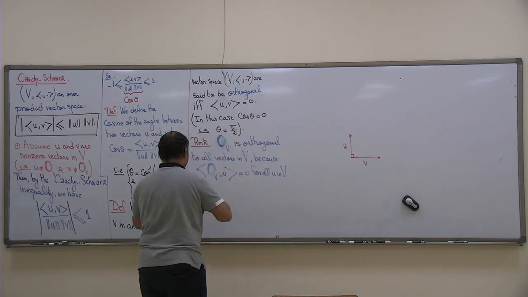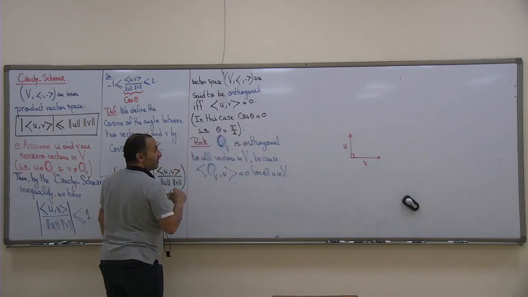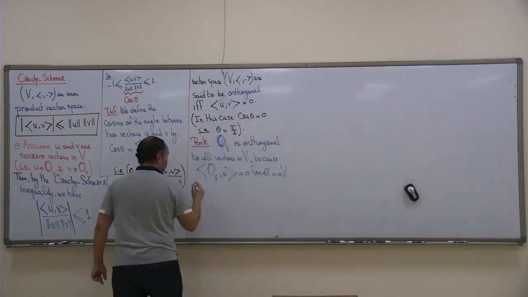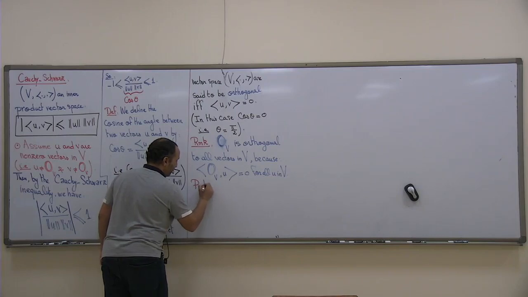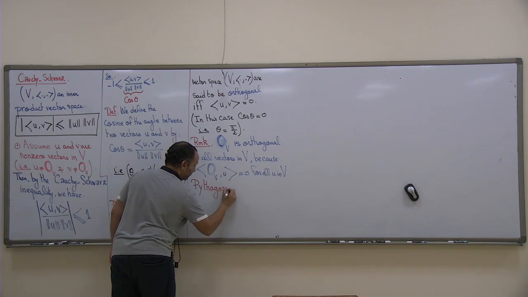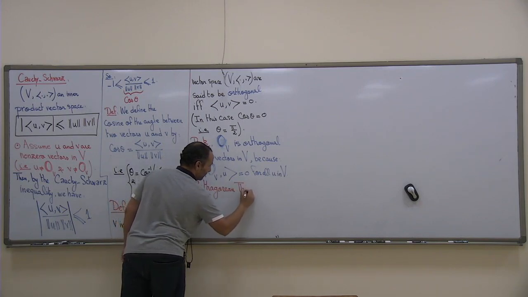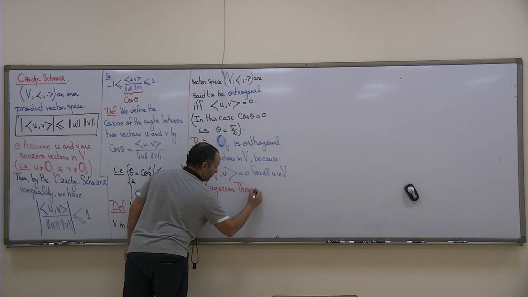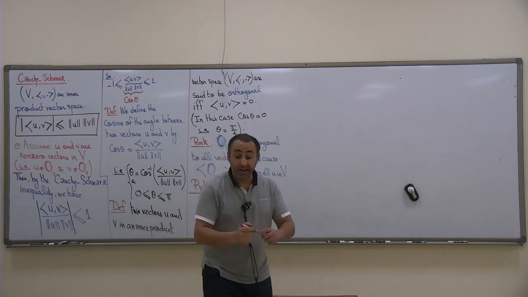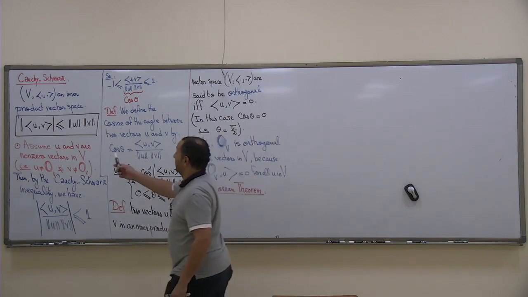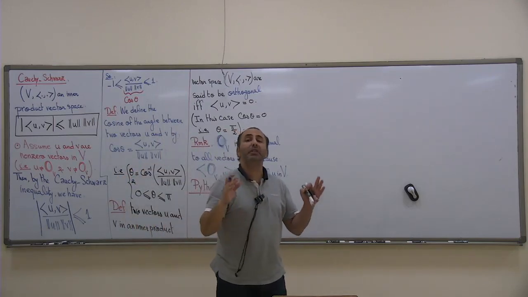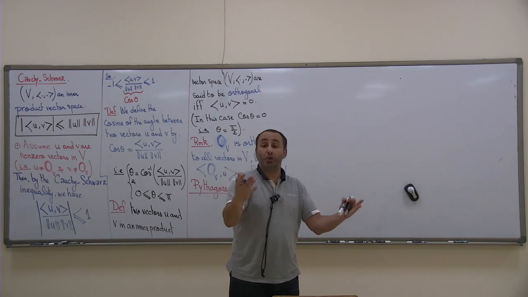Another important thing here, let me call it the Pythagorean Theorem. Assume we are inside an inner product vector space, exactly like this, and I have two vectors that are orthogonal to each other, and I'm going to compute the norm of their sum, squared.